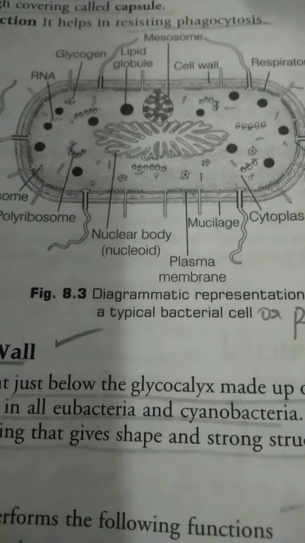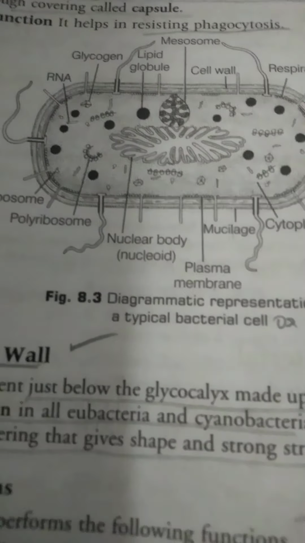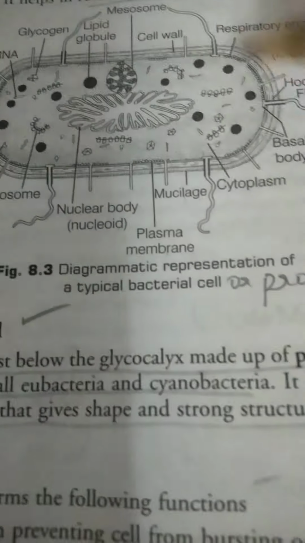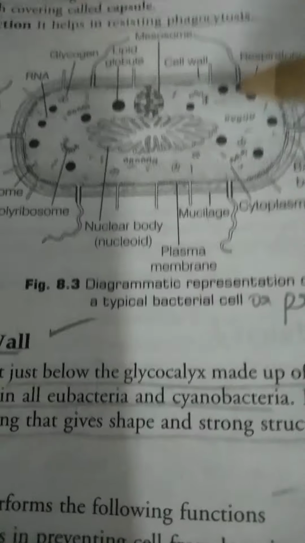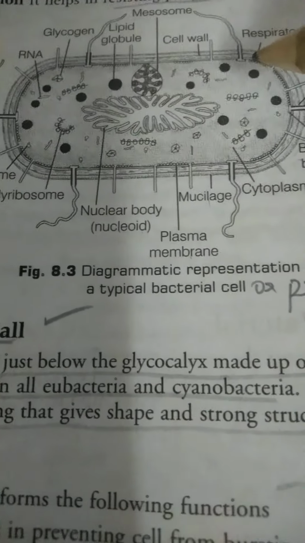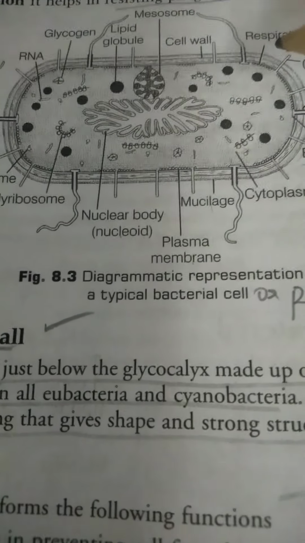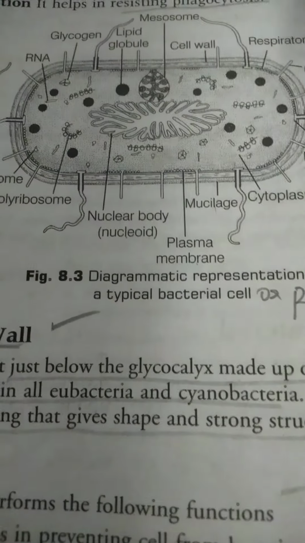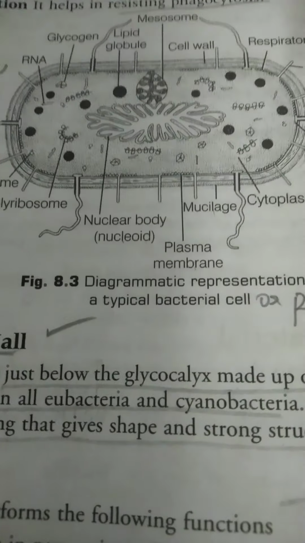Glycocalyx differs in composition and thickness among different bacteria. It is in the form of a loose mucilaginous sheath, also called the slime layer, or a thick and tough covering called the capsule.